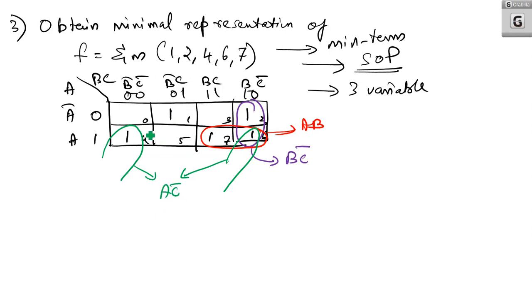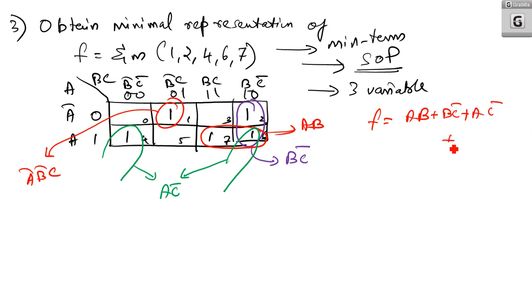And this term is standing out. That is A bar, B bar, C. Therefore the minimized expression I can write is F is equal to AB or BC bar or AC bar or A bar, B bar, C. So that is a minimized expression.